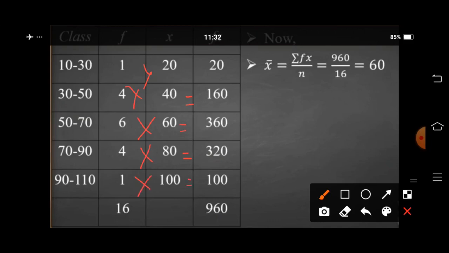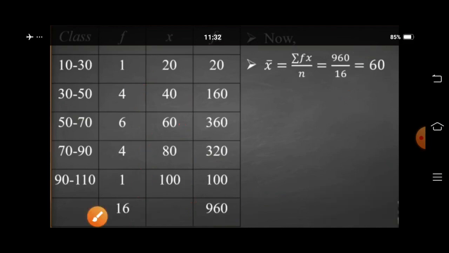The total of the fx column, sigma fx, is 960. Here n equals the total of the f column, 16. Then 960 divided by 16, our mean is 60.